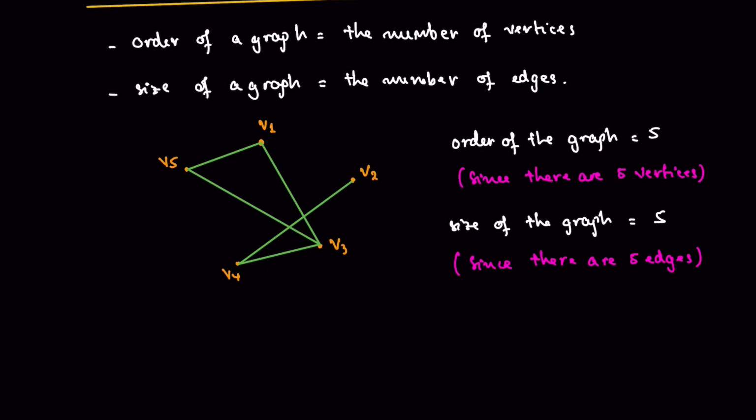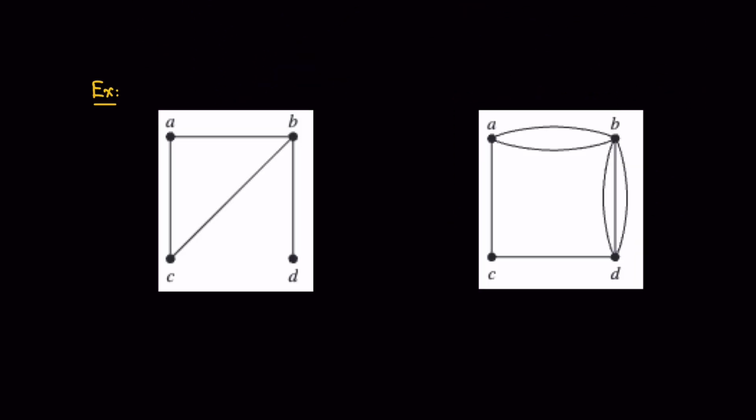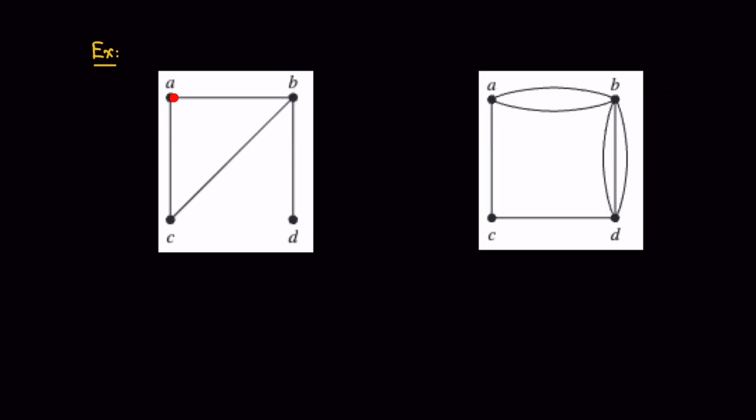Now we're going to consider another example where we identify the order and the size of the graph. In this case, I have two different graphs. For the first one, there are 1, 2, 3, and 4 vertices, so the order of the graph is equal to 4. And the number of edges is 1, 2, 3, and 4, so the size of the graph is also equal to 4.